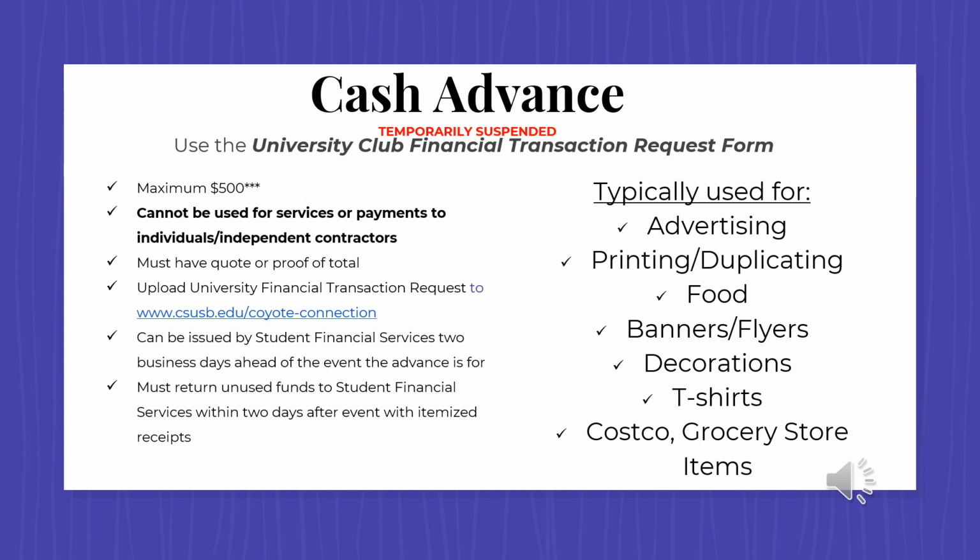All receipts and any remaining funds are due to Student Financial Services 2 business days after a purchase has been made. Typical cash advance uses are printing and duplicating, food, banners, flyers, decorations, t-shirts, and Costco or grocery store items, just to name a few.